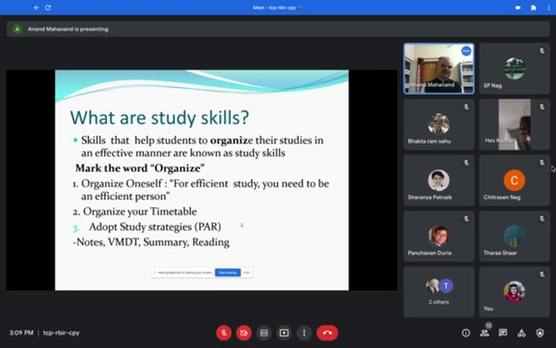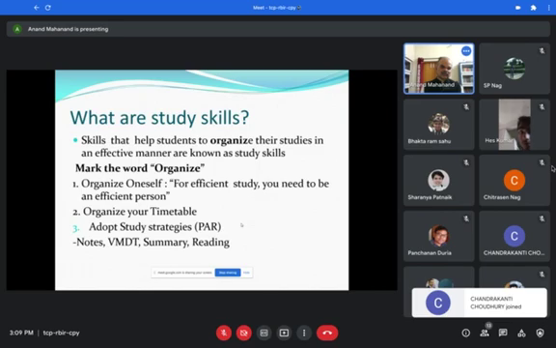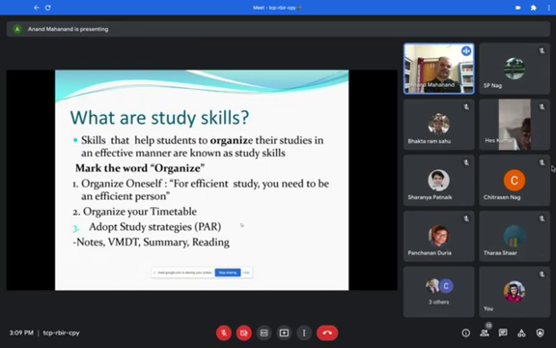Then take notes, make notes, and I told you about visual memory. Recall technique. So you have to visualize and memorize things what you have read or studied.